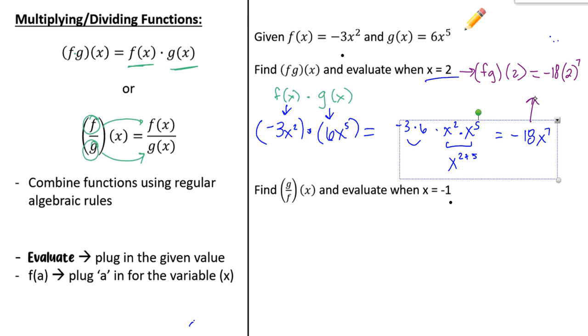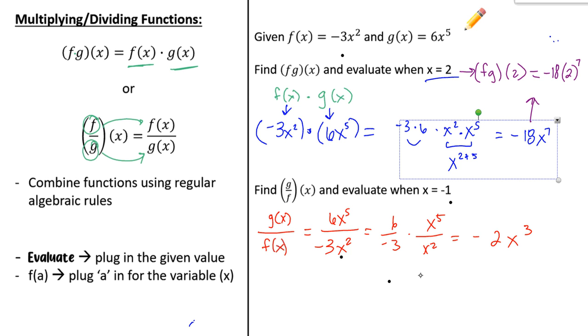Okay, down here, let's do g divided by f. So we're going to take the g function on top and the f function on bottom. G was 6x to the 5th. F is negative 3x squared. Again, properties of exponents. 6 divided by negative 3, x to the 5th divided by x squared is negative 2x to the 3rd. You subtract powers when you divide. Okay, so there's that function.